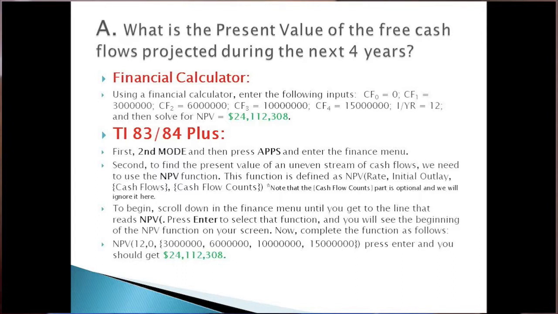If you look there, it's where the parentheses is. You push second bracket, and you're going to plug in the 4 years of free cash flow, starting with 3 million. So you're going to do 3 million, comma, 6 million, comma, 10 million, comma, 15 million. And then you're going to close bracket, close parentheses, and you're going to enter. And you should get 24,112,308, as you can see here on the PowerPoint.